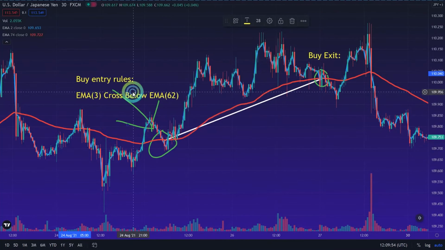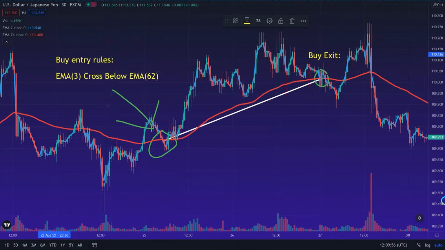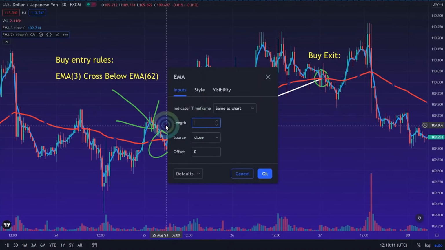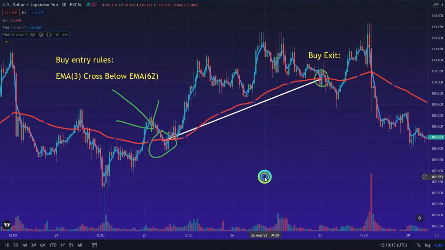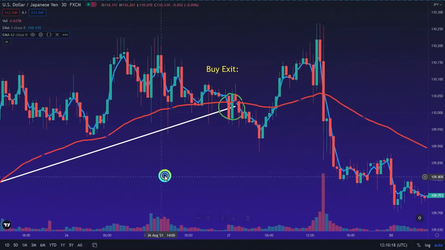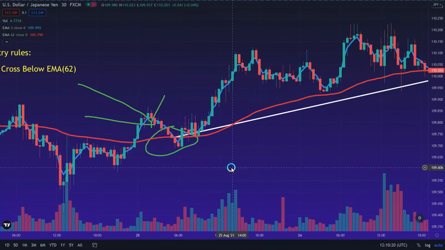As you see, it is the most simple rule in the world that you can have a strategy with. And so I will put our indicators on the chart.